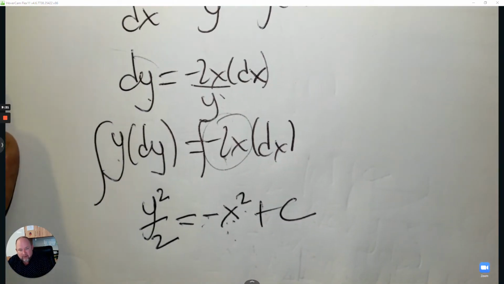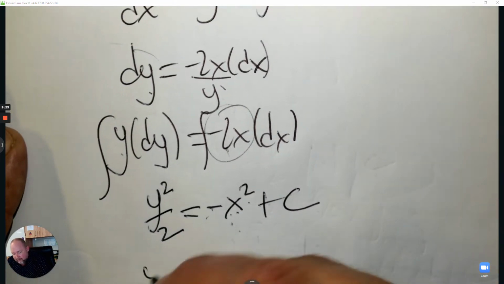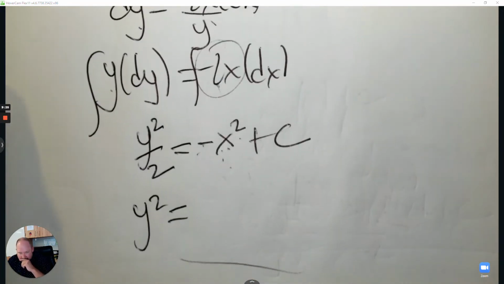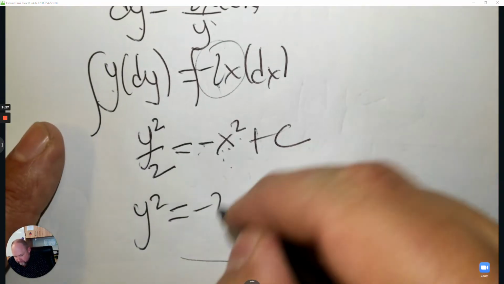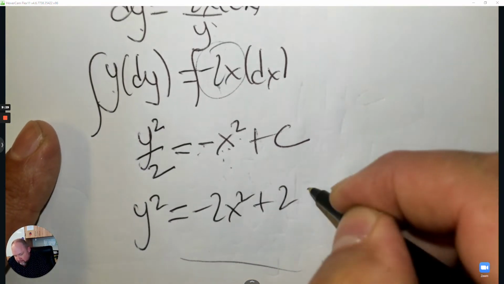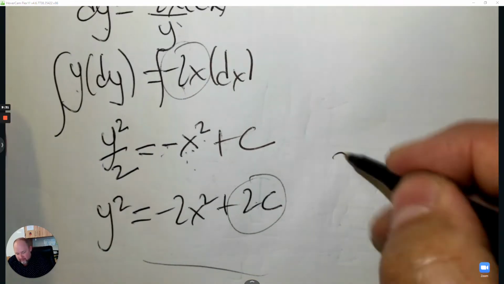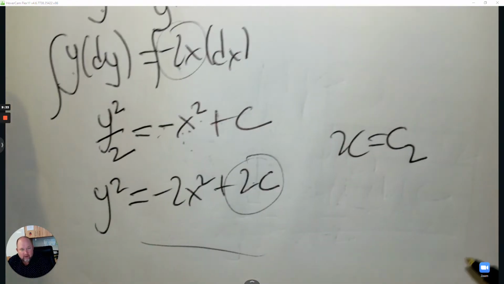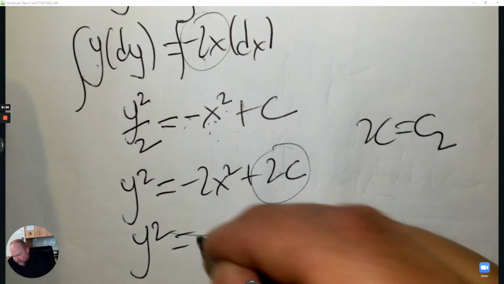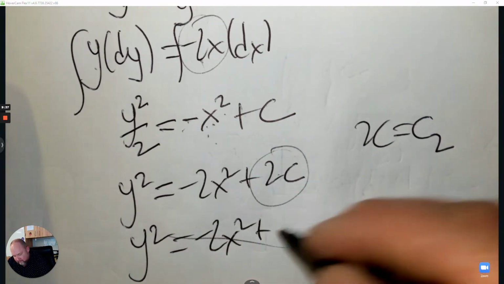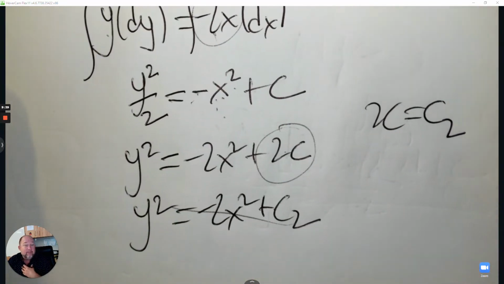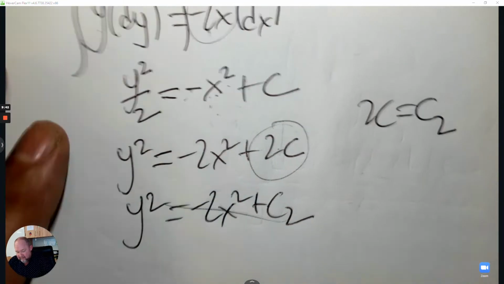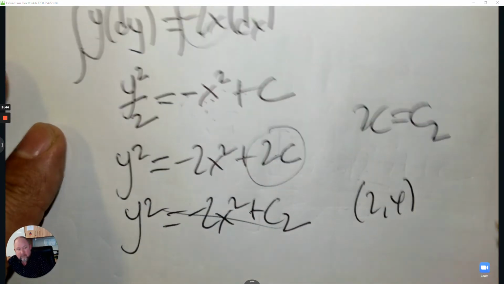At any point, you can plug in. So what I'm going to do right now is multiply everything times 2. I can redefine this to make it easier and just call it a new constant. It's a good practice to get into. And then I'm going to plug in. So I have a point to plug in, which is (2, 4).